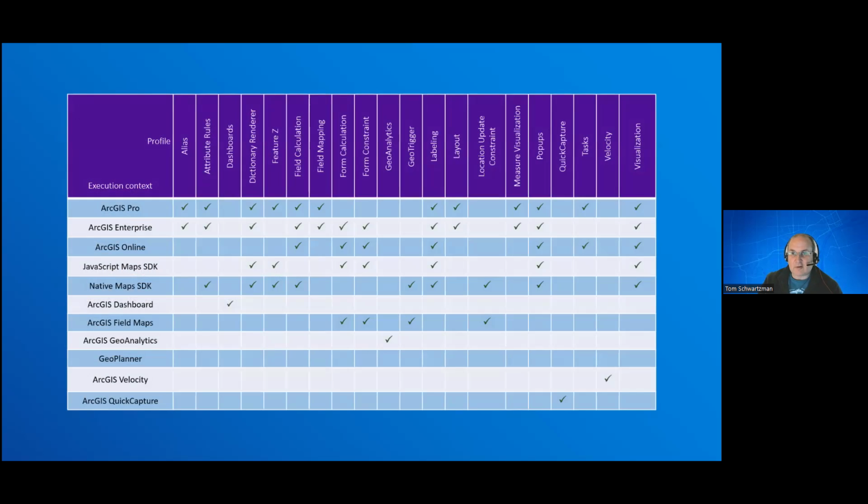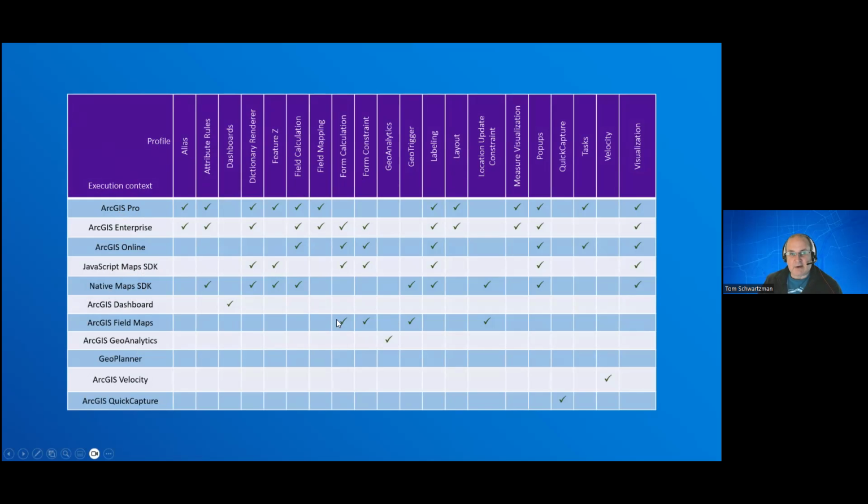So for instance, this is a giant matrix with all the profiles across the top. There's a profile for labeling, a profile for geoanalysis analytics, a profile for pop-ups, a profile for field maps, etc. And these are all the different execution contexts or places, products, where we can use that.